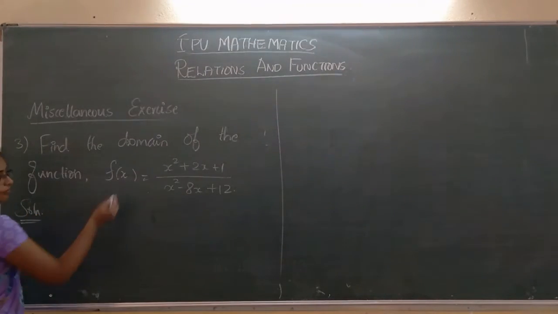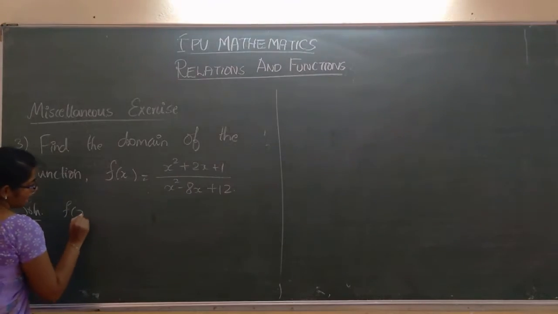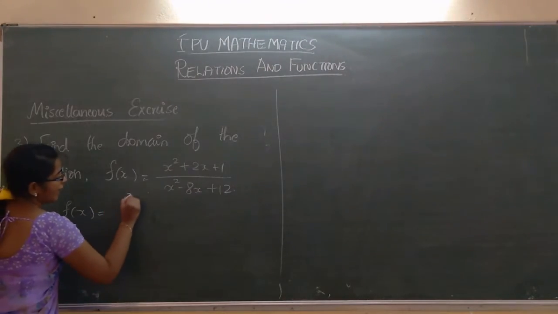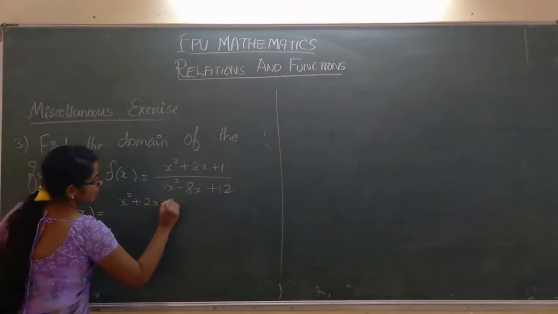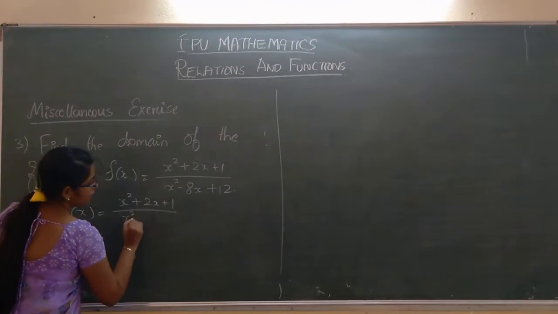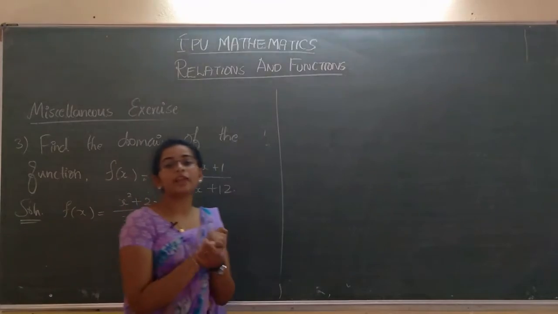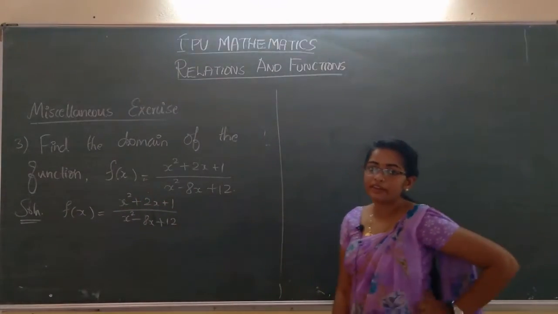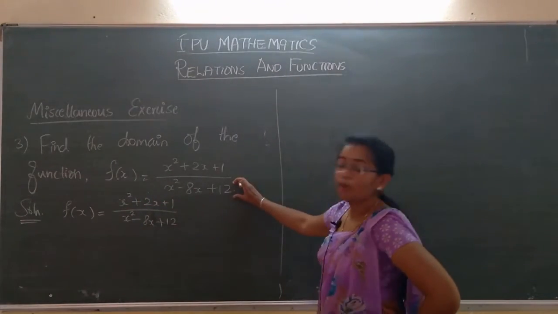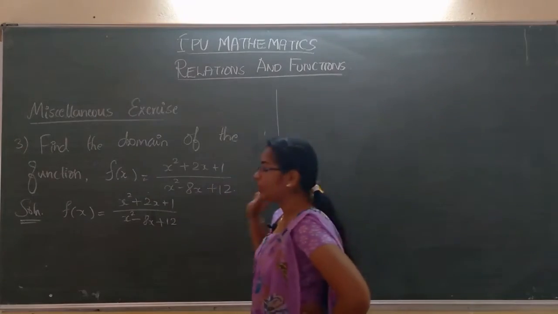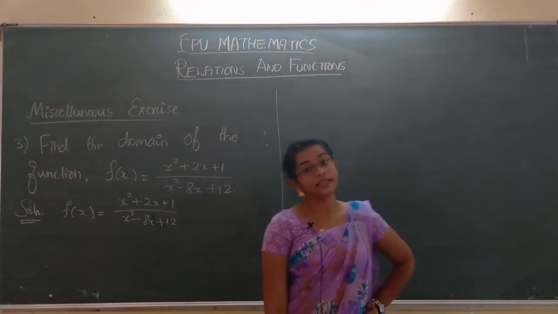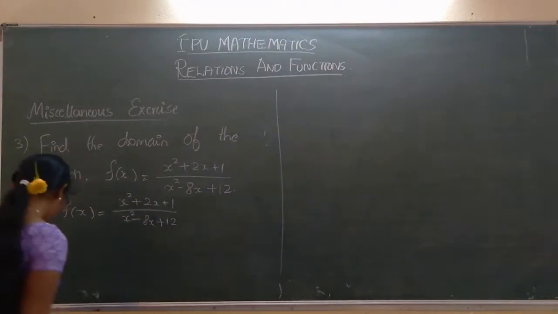Okay. We have f of x is equal to x square plus 2x plus 1 divided by x square minus 8x plus 12. If you have a rational function, what we need to look at? We need to look at the denominator. That is, the denominator must not be equal to 0. Verify that.